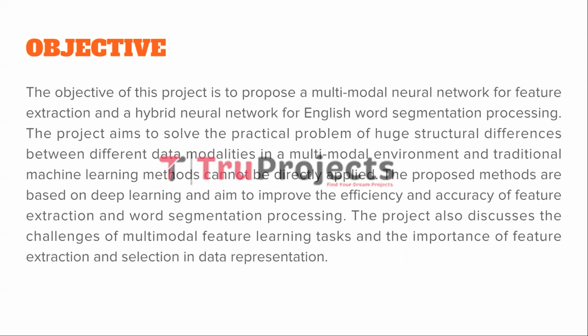The proposed methods rely on deep learning techniques and aim to enhance the efficiency and accuracy of both feature extraction and word segmentation processing. The project also emphasized the importance of feature extraction and selection in data representation, considering the specific challenges associated with multimodal feature learning tasks.